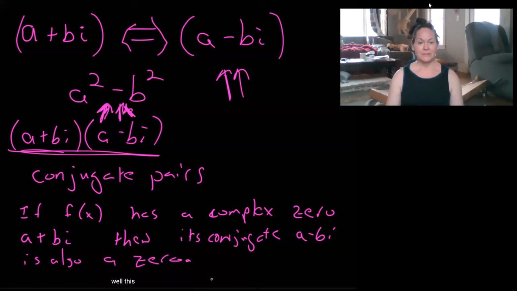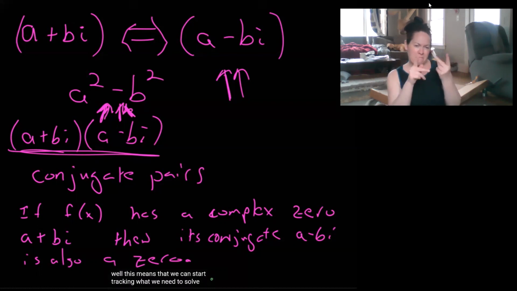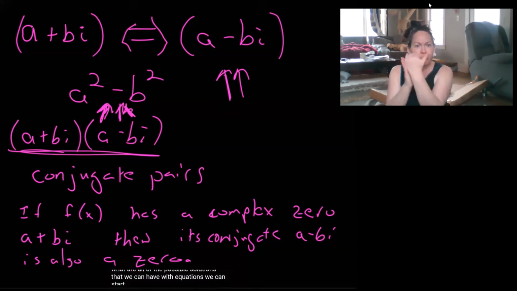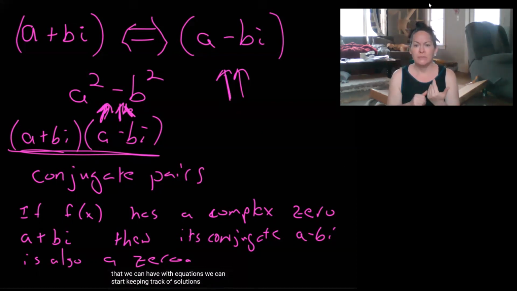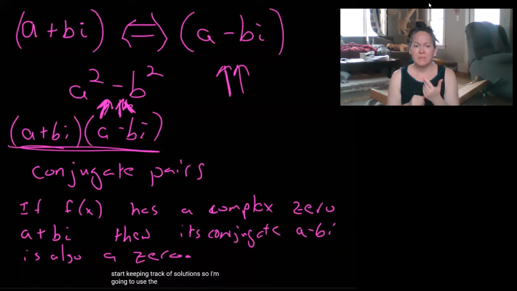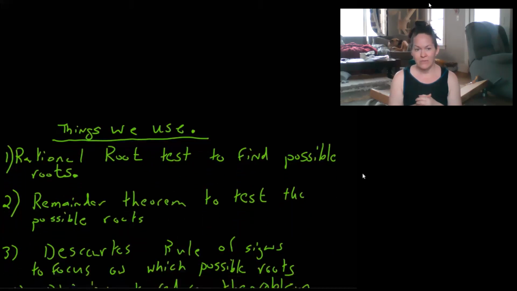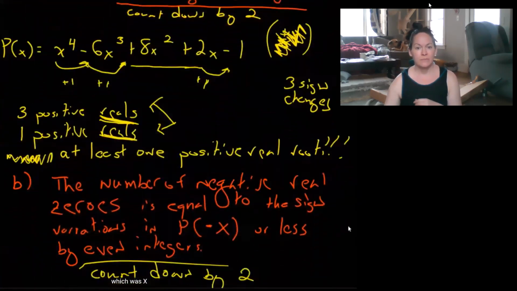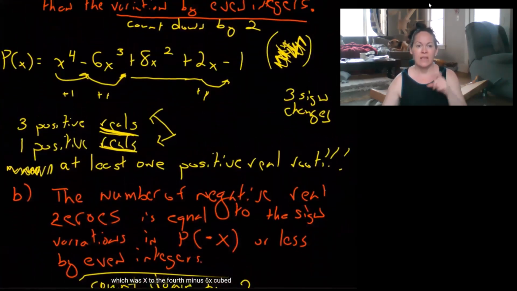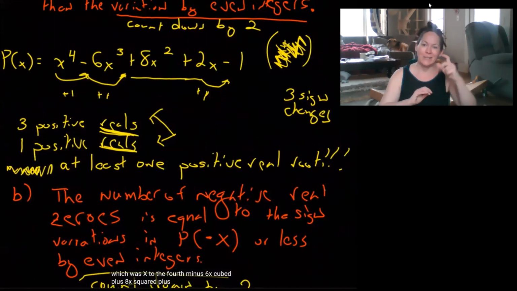Well, this means that we can start tracking what we need to solve equations. What are all of the possible solutions that we can have with equations? We can start keeping track of solutions. So I'm going to use the one we used down here, which was x to the fourth minus 6x cubed plus 8x squared plus 2x minus 1.